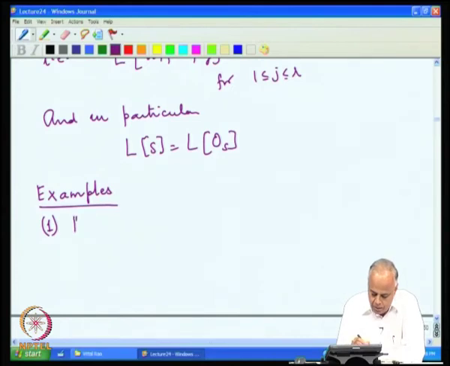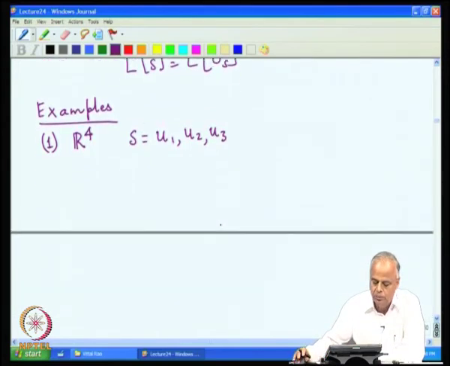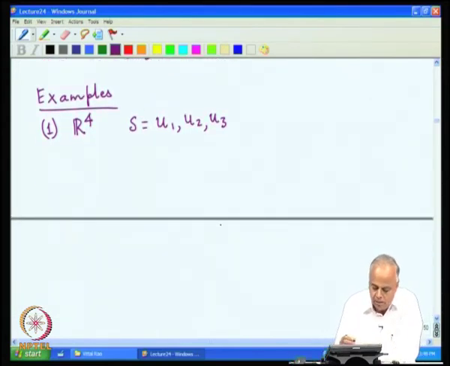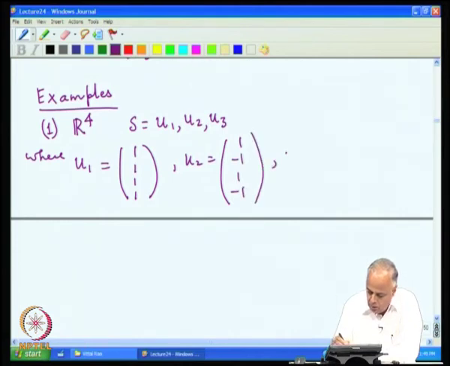Let us take R4 and let us take S to consist of these 3 vectors u1, u2, u3, where we define u1 to be 1, 1, 1, 1, u2 to be 1, minus 1, 1, minus 1, and u3 to be 1, 0, minus 1, 0.